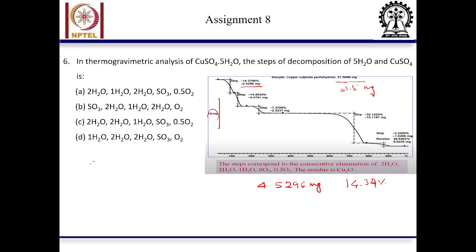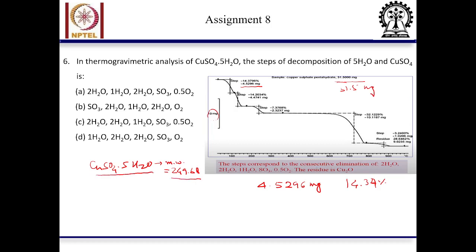Now, if I ask you how you are saying that there is a two water molecule loss. Now we have copper sulfate pentahydrate. So the molecular weight for this is 249. These are taken from Google, or you can just add all the atomic weights and get it. So what is the molecular weight of copper sulfate?